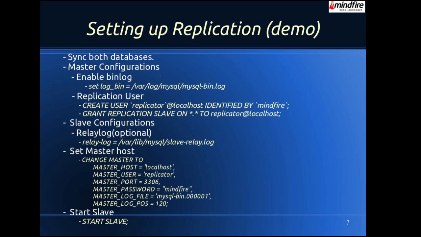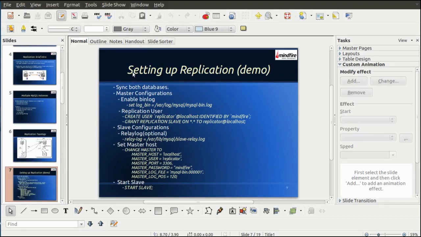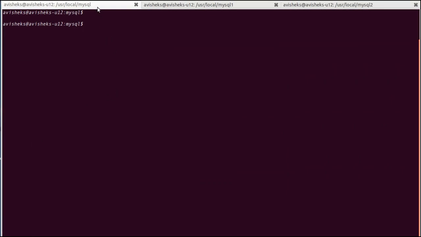Then we can point a slave server to a master, so that it takes all the events executed on the master and replicates them to the slave as well. So let's see how that works. This is my master.